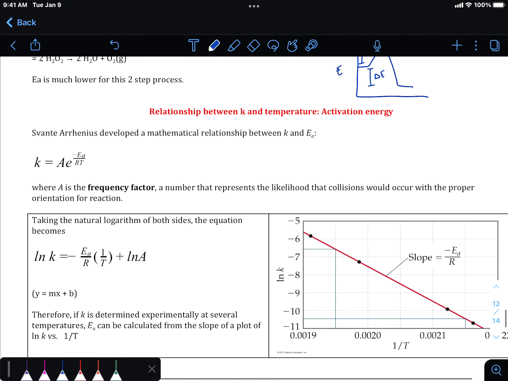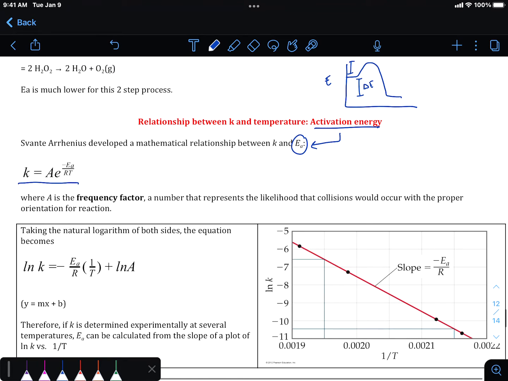So first, this is known as the Arrhenius equation. All right, there's a mathematical relationship between energy of activation, EA. Right, activation energy. It's said both ways, but the symbol is E sub A. There always seems to be mathematical relationships between energy and reactions.